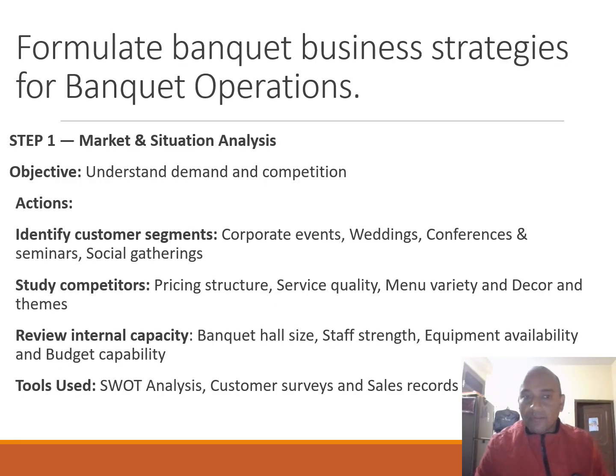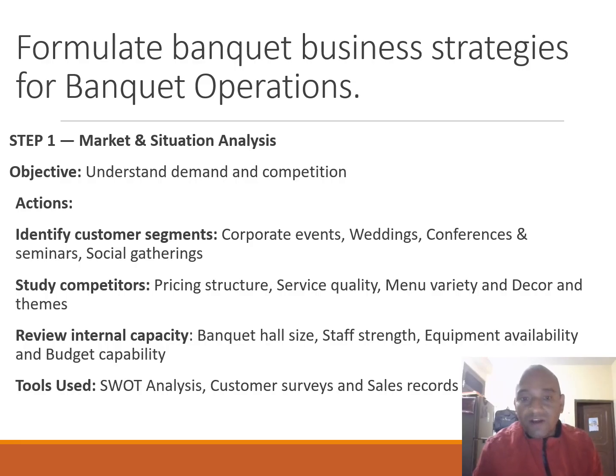So the first step is to formulate banquet business strategies for banquet operations. How can we formulate the business strategies? The first step is market and situation analysis. Whatever task we do, there is always an objective behind it. The objective of this step is to understand demand and competition.